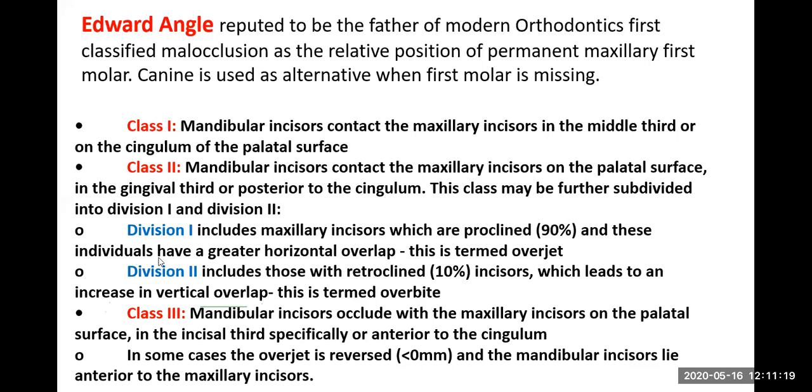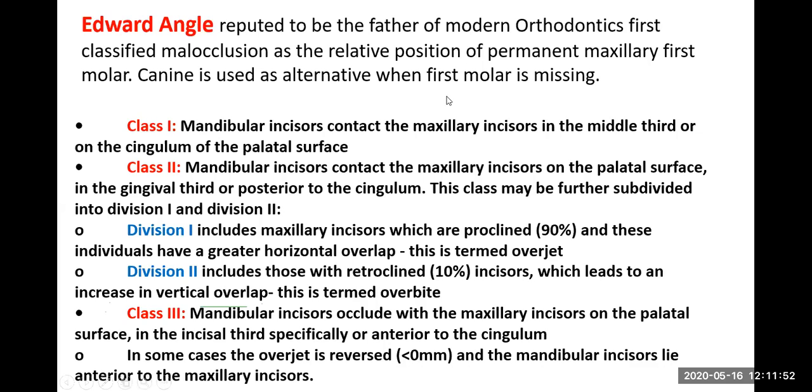Okay, then class 3 malocclusion is when the mandibular incisor occludes with the maxillary incisor on the palatal surface in the incisal third, specifically, or anterior to the cingulum. These are very technical things that we need to understand and be able to learn, sometimes offhand, so that if a question is asked, you'll be able to answer it very well.